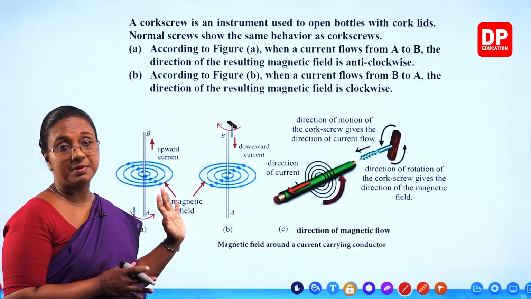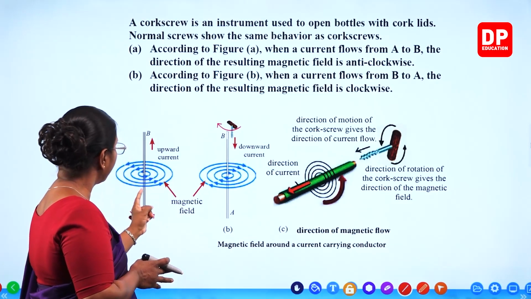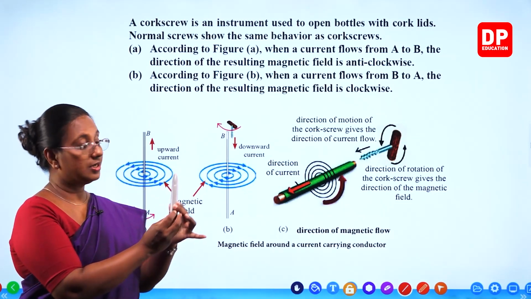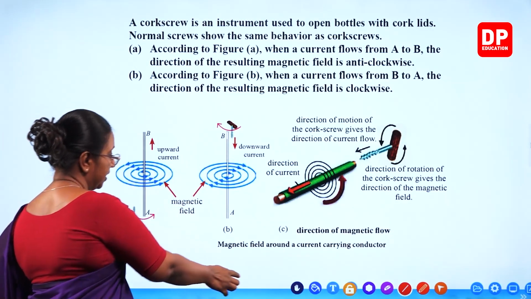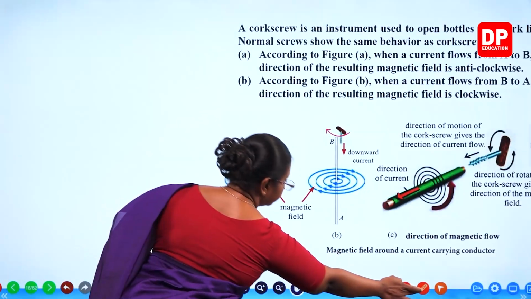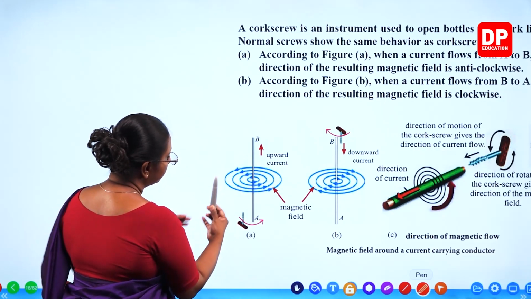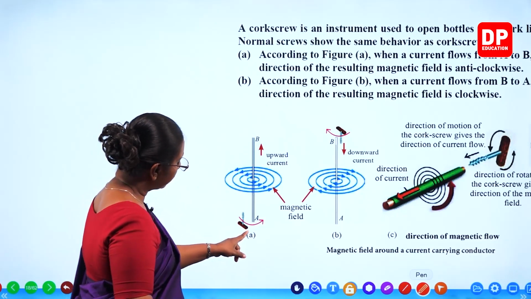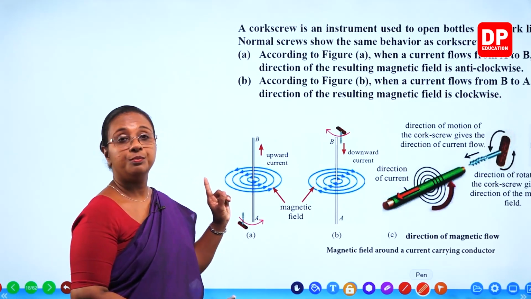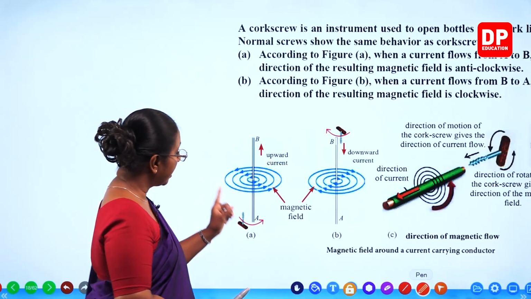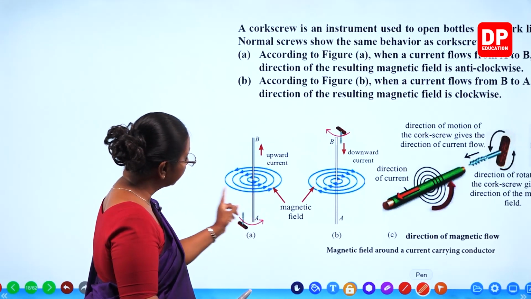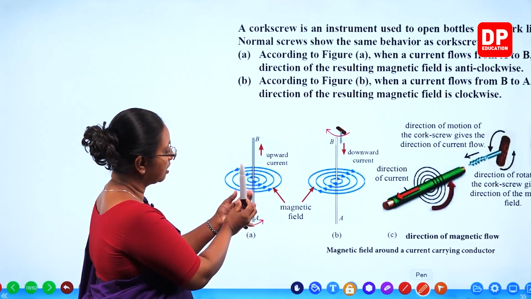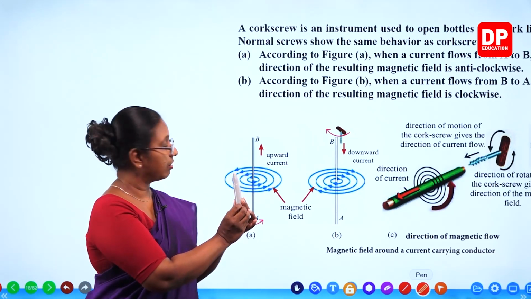You can remember, when we move the corkscrew this way, in the anti-clockwise direction, the current flow is from A to B. Then you can see the magnetic field lines are in the direction of the rotation, so they are going to rotate in the anti-clockwise direction.